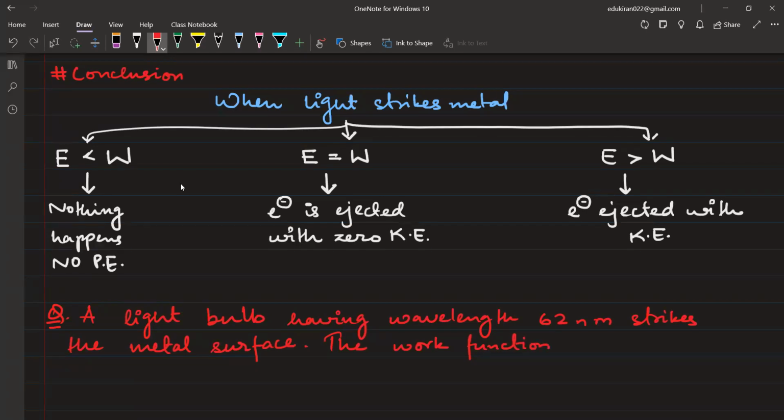The work function of metal surface is 13 electron volt. Calculate the kinetic energy of ejected electron.